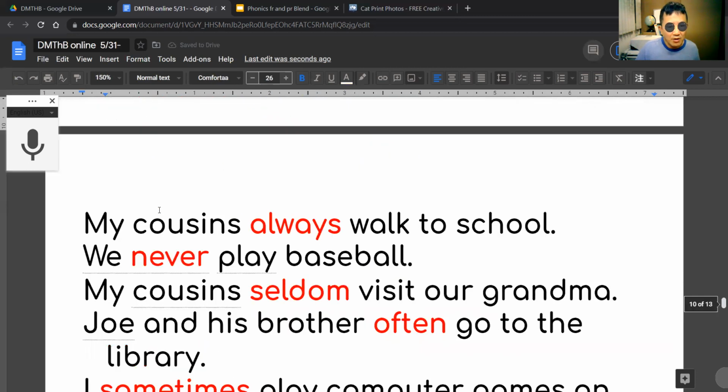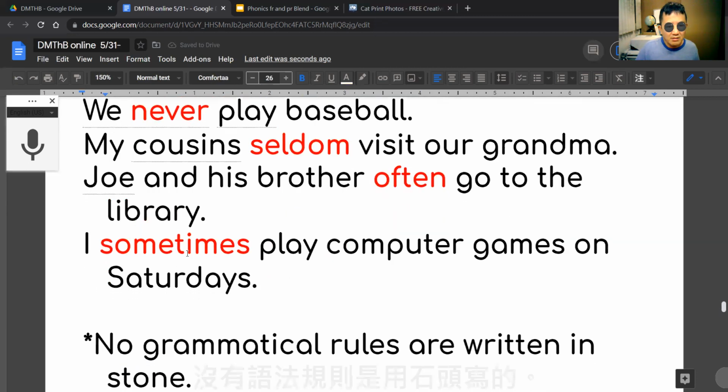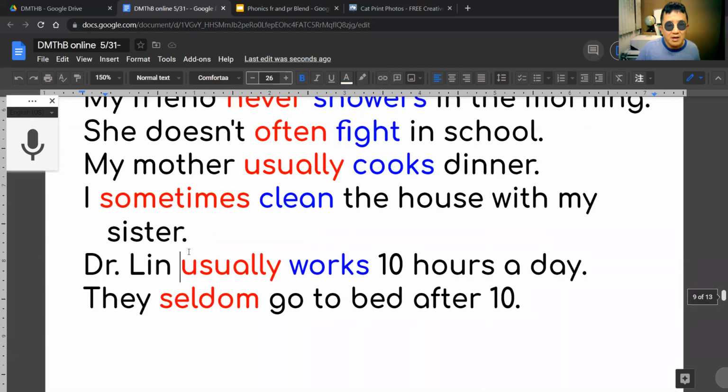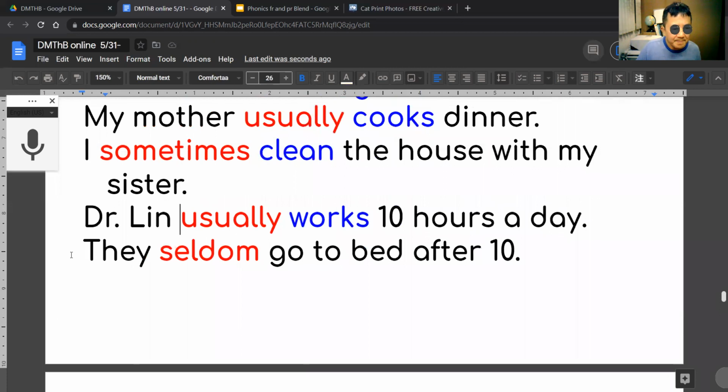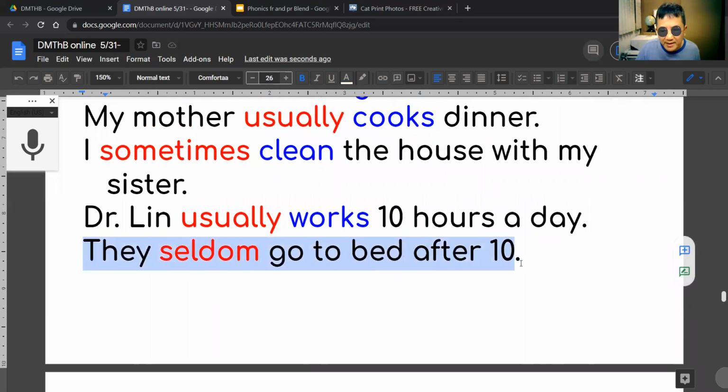Okay, just one more then. They seldom go to bed after 10. That means they usually sleep early, but very few times out of a period of time, they sleep after 10 o'clock.